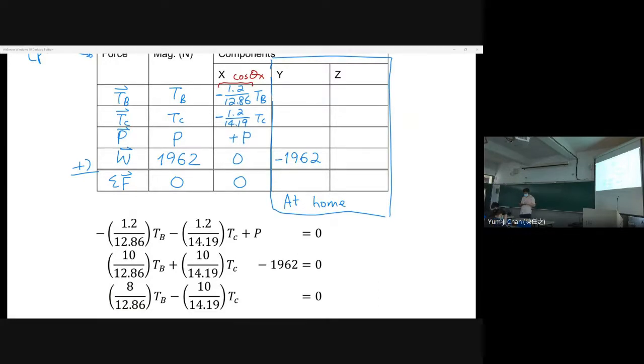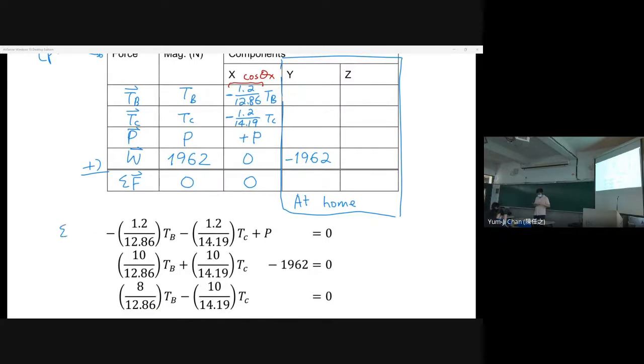What should we write in the front? Remember to write summation Fx equal to 0, summation Fy equal to 0, and summation Fz equal to 0. In the quiz or in the examination, remember to write this down.